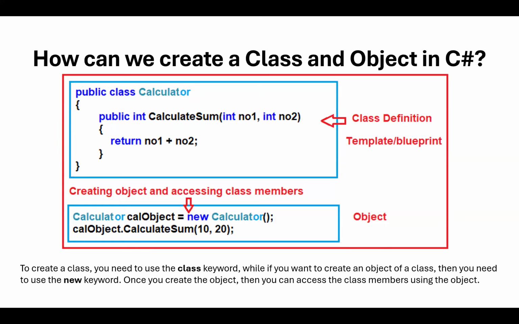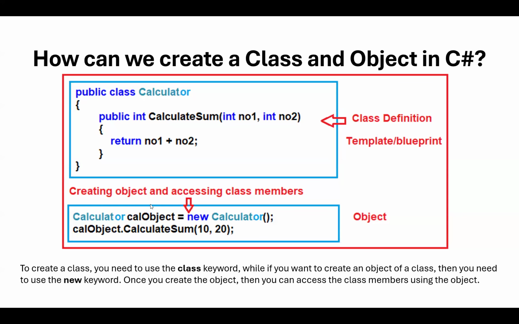In order to use this class or template, you need to have an object. And in the second part of the picture, you can see how we can create an object from a class. For this reason, we set the type name. In this case, our type is our class, Calculator.